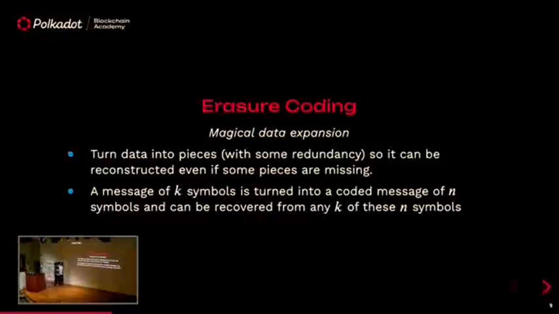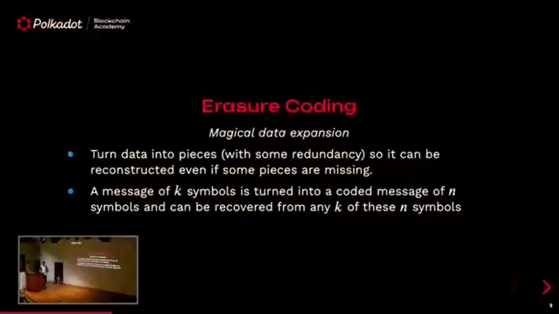So there's a little bit of nuance here, because in terms of reducing the size of the data, you're actually increasing the size of the data. You're adding more pieces onto it. And even if you extended it and then dropped everything you didn't need, you would still end up with the same size data, just K symbols long. So if you're doing it to store yourself, you're increasing the size of your data.